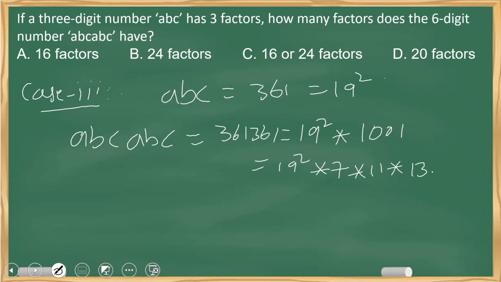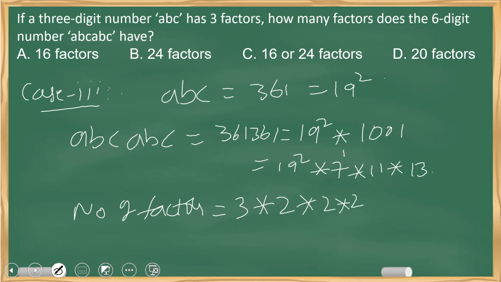You understand the point here? So, the number of factors formula: 2 plus 1 is 3, into 1 plus 1 is 2, again 1 plus 1 is 2, again 1 plus 1 is 2. The powers are 2, 1, 1, 1. So 3 into 2 into 2 into 2, that is 24. So if you take any other number instead of 13 and 11, you will definitely get only 24.